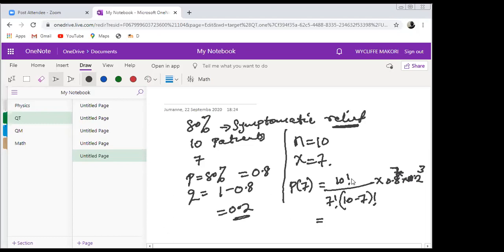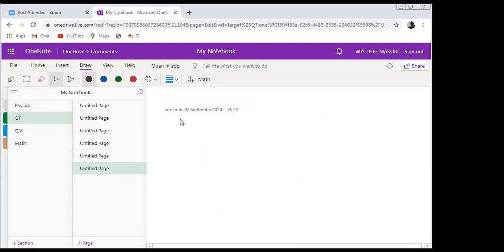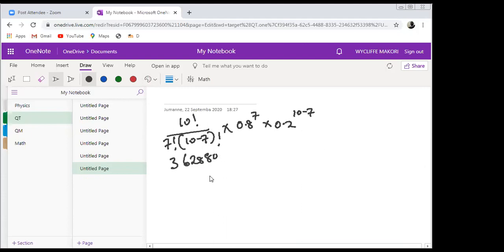Already we had an answer for 10 factorial somewhere. What is the answer for 10 factorial? 3,628,800.